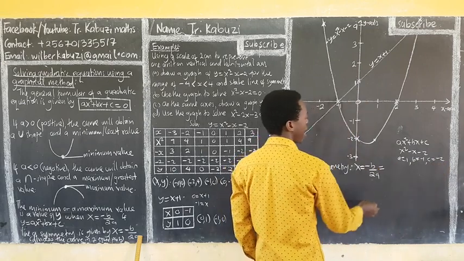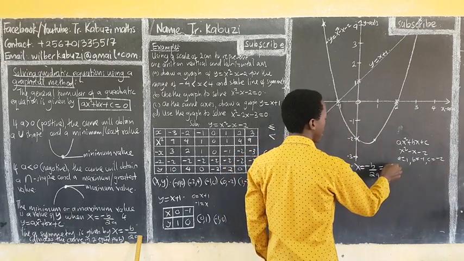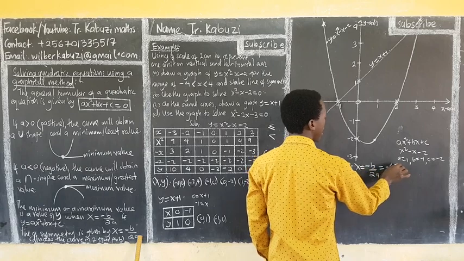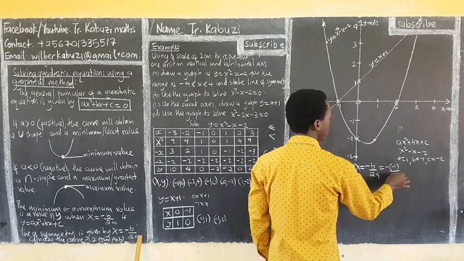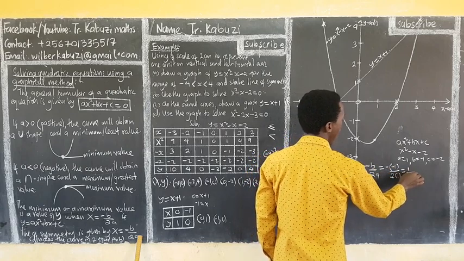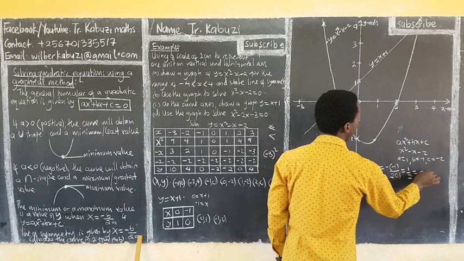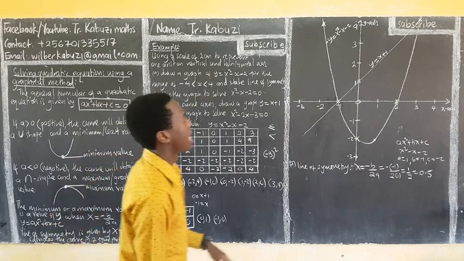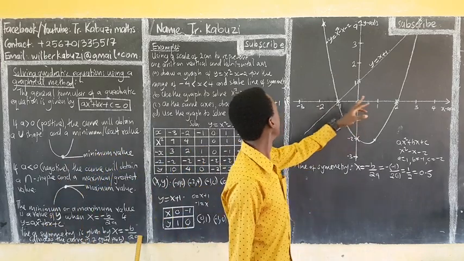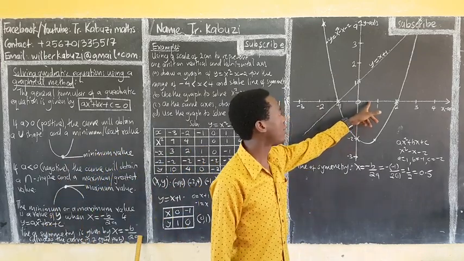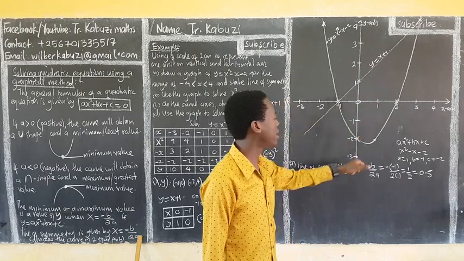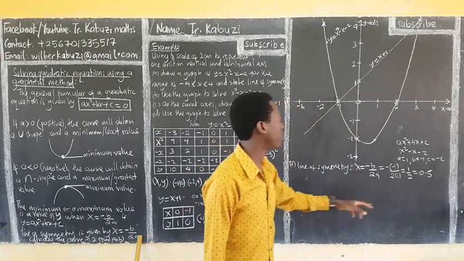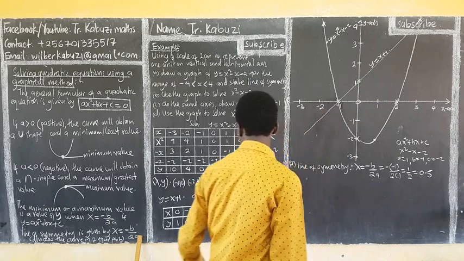So if we put in there, we have negative, negative 1 over 2 into 1. This will be a half, which will be 0.5. That is giving you the idea that my line of symmetry is going to be here at 0.5. So the line that's going to divide this curve into 2. So my line of symmetry is x equal to 0.5.